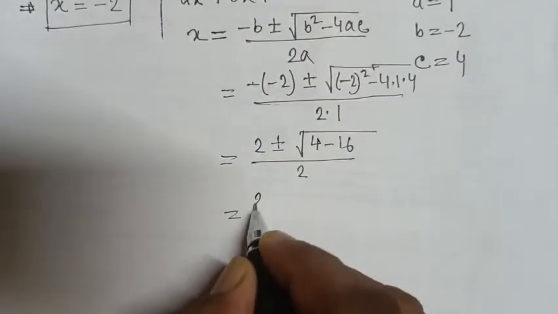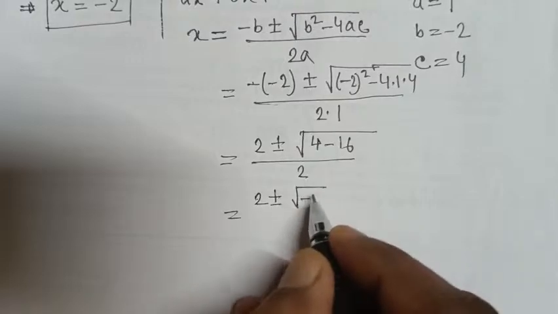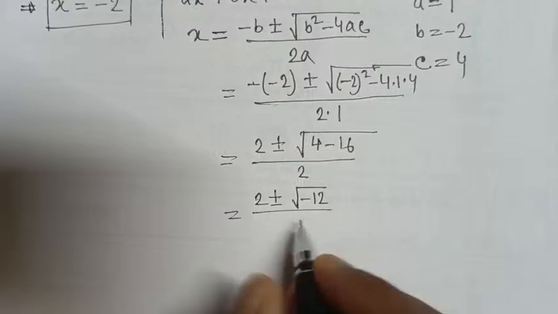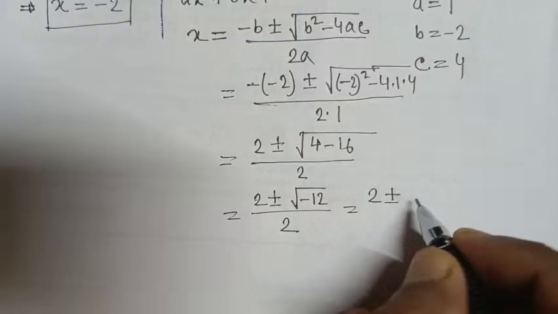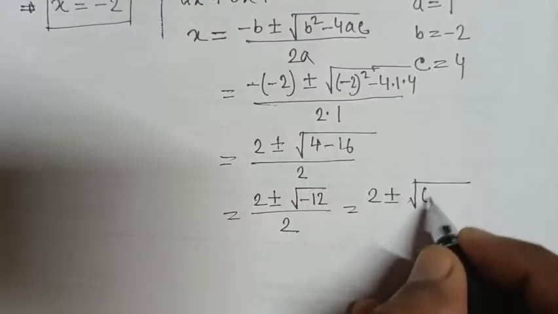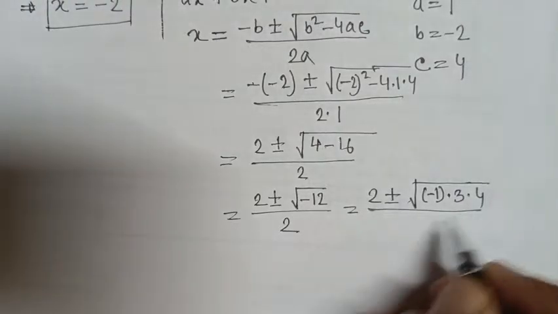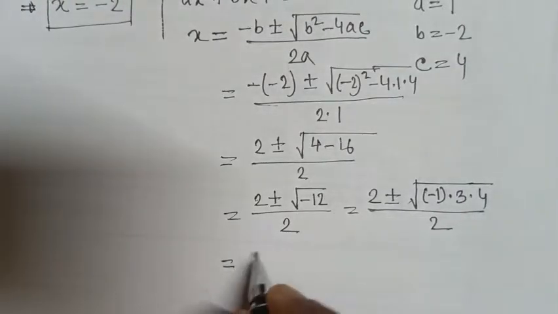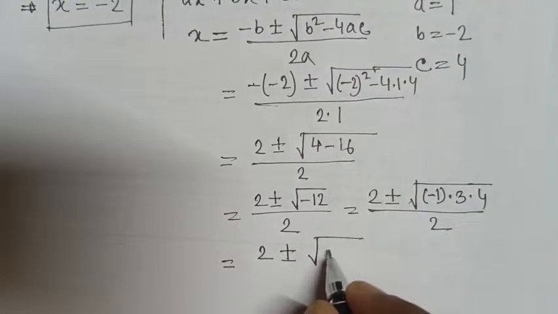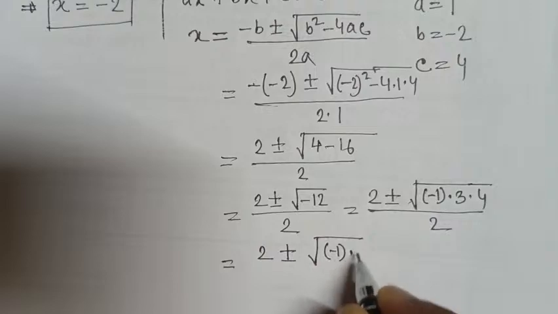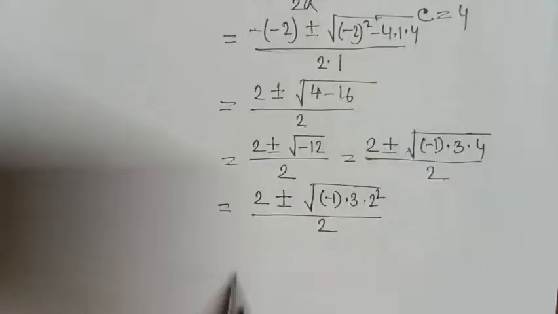So we can express this like 2 plus minus root over minus 12 by 2, equals to 2 plus minus, we can expand this, minus 1 into 3 into 4 by 2. Now we can express this as 2 plus minus root over of minus 1, 3 and 2 square by 2.